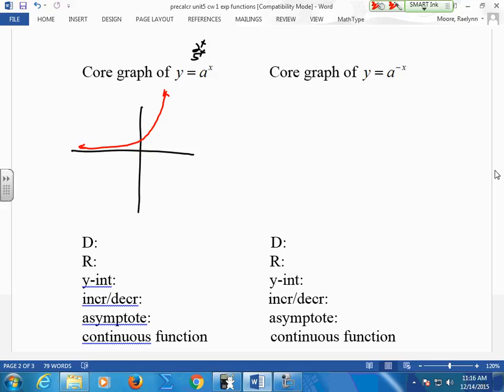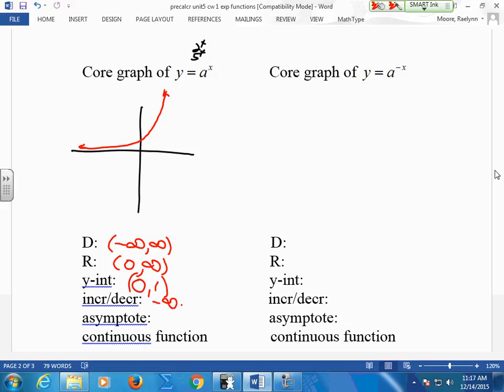We have basic characteristics. Your domain, your range, your y-intercept, those will stay the same. If our base is greater than 1 or our exponent is positive, this gives us an increasing function. y increases as x increases.